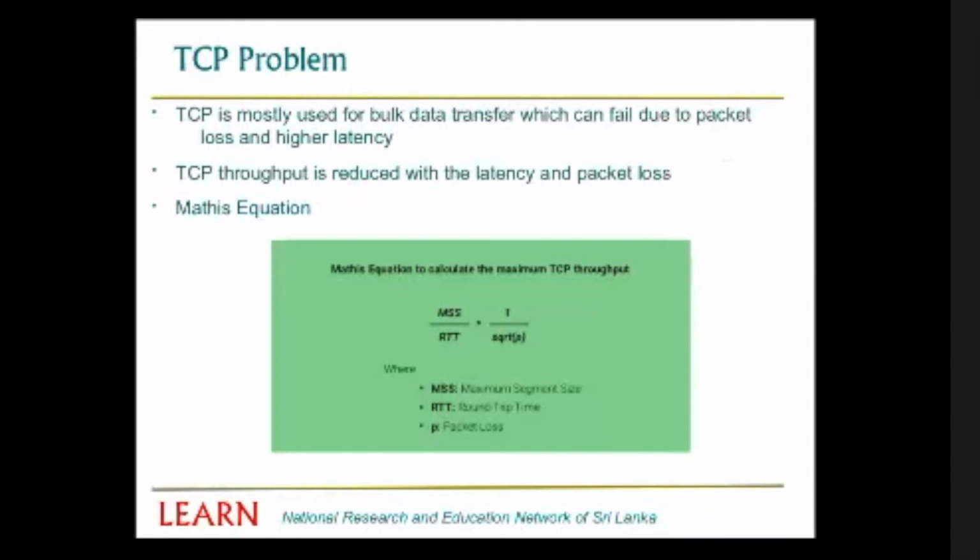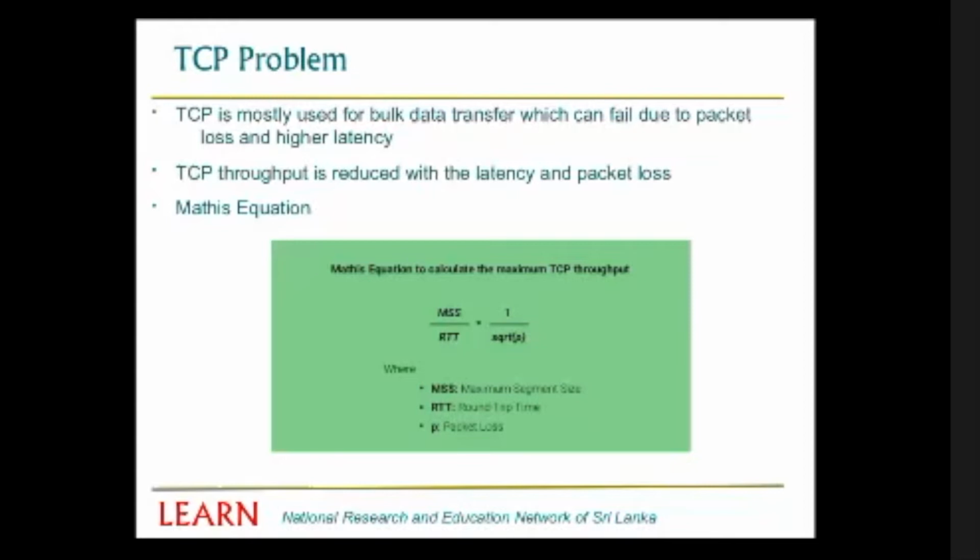Now the TCP problem: TCP has some problems with network latency and packet loss, unlike UDP, because TCP is connection oriented and it has flow control.